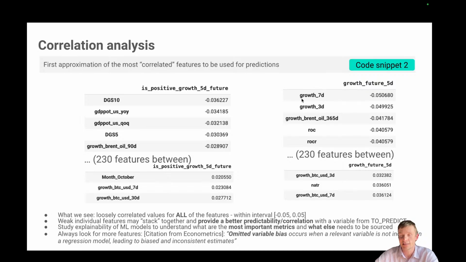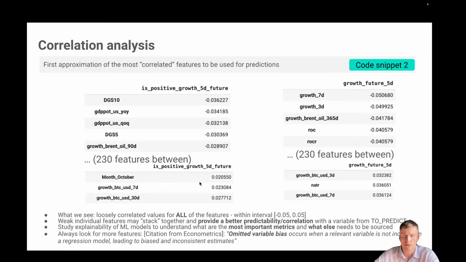You can see here that the two most correlated features are growth 3 days ago and 7 days ago, and here you see some technical indicator features and only one macro variable. But the most positively correlated features are two more macro variables and one technical indicator.